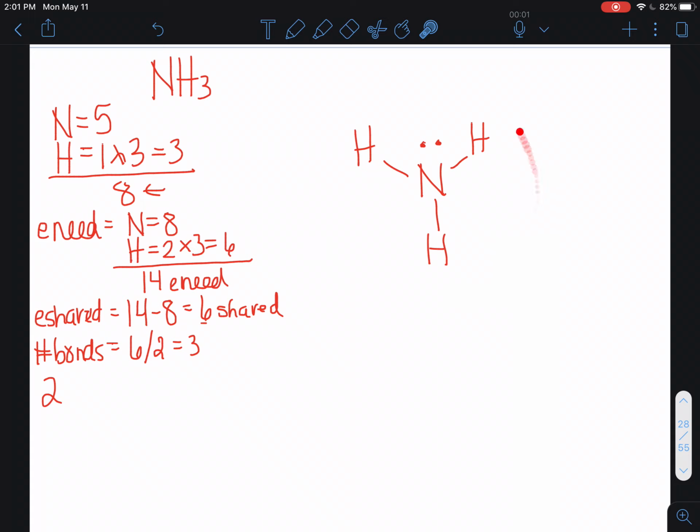Now, if we want to predict the geometry of this, what are we going to do? The first thing we have to do is count electron groups.